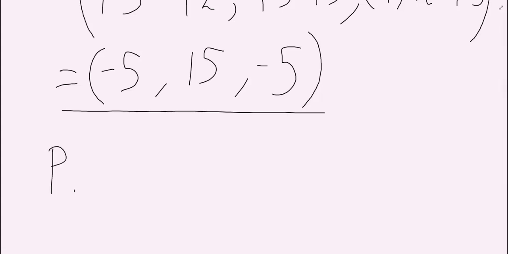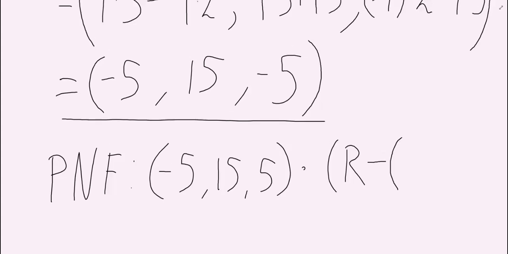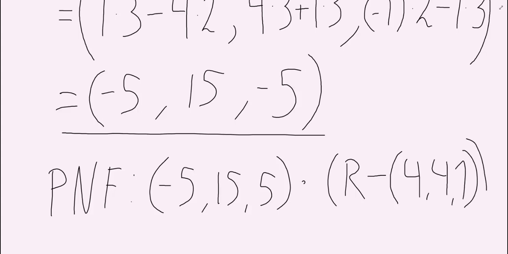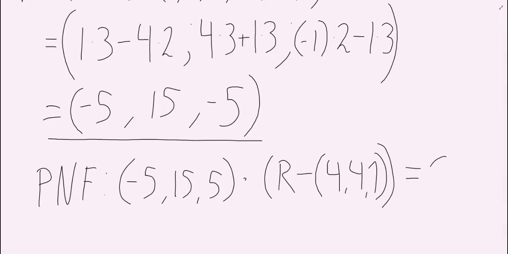So our point normal form will be minus 5, 15, minus 5 dot r minus 4, 4, 1, like so, equals 0.